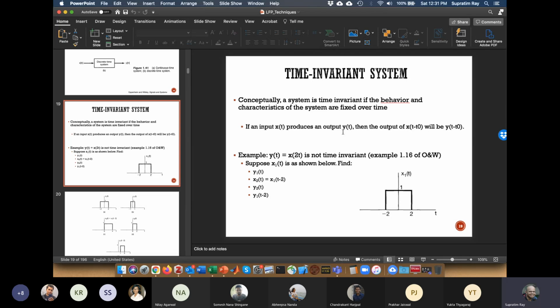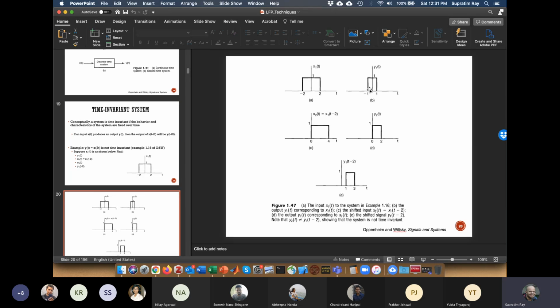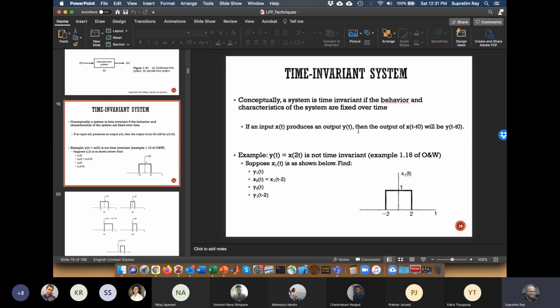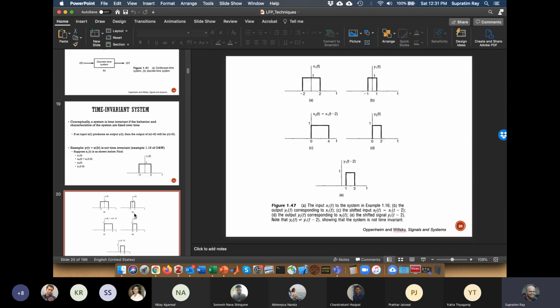When x1 of t produces an output, so my signal here produced this output, then I looked at x of t minus 2, that's this, and the shifted output is that.